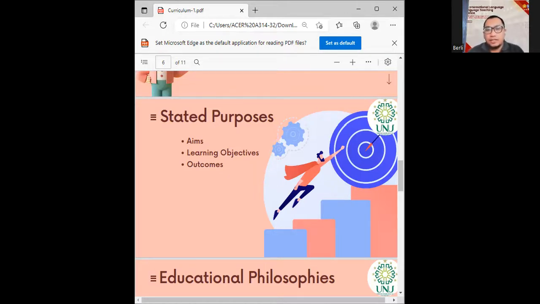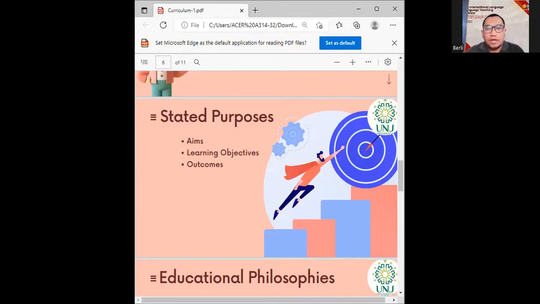So the understanding of culture is important, but at the same time, we have tried to push our children to preserve our culture. That's the tension that is happening in the Indonesian curriculum.